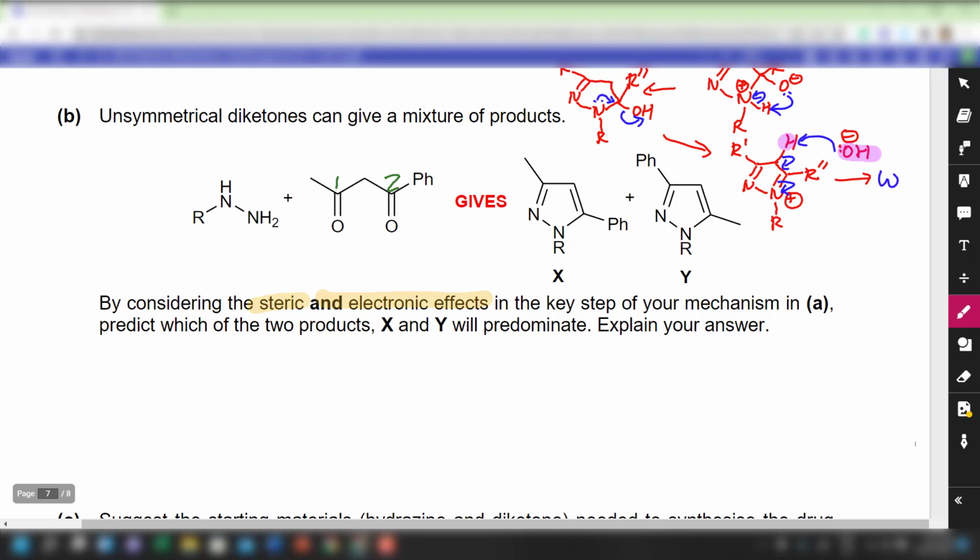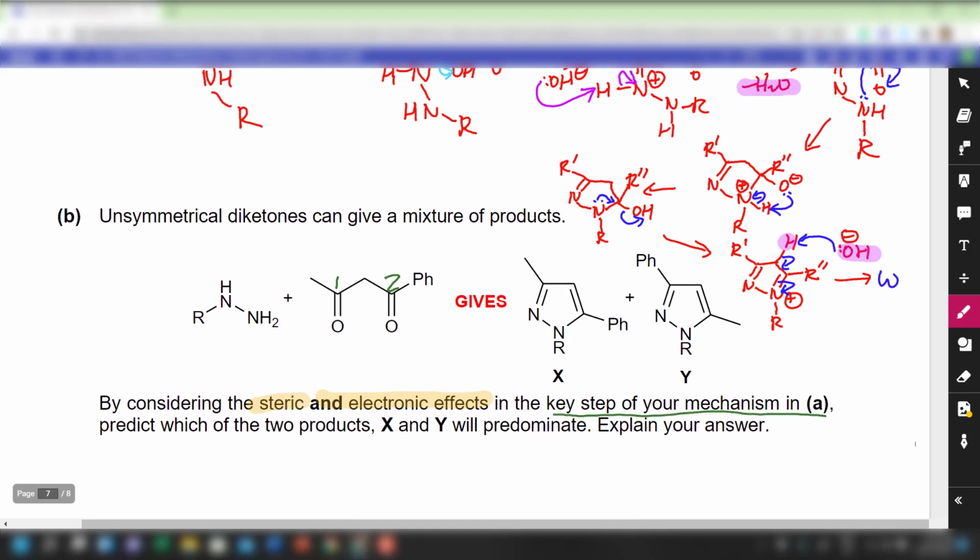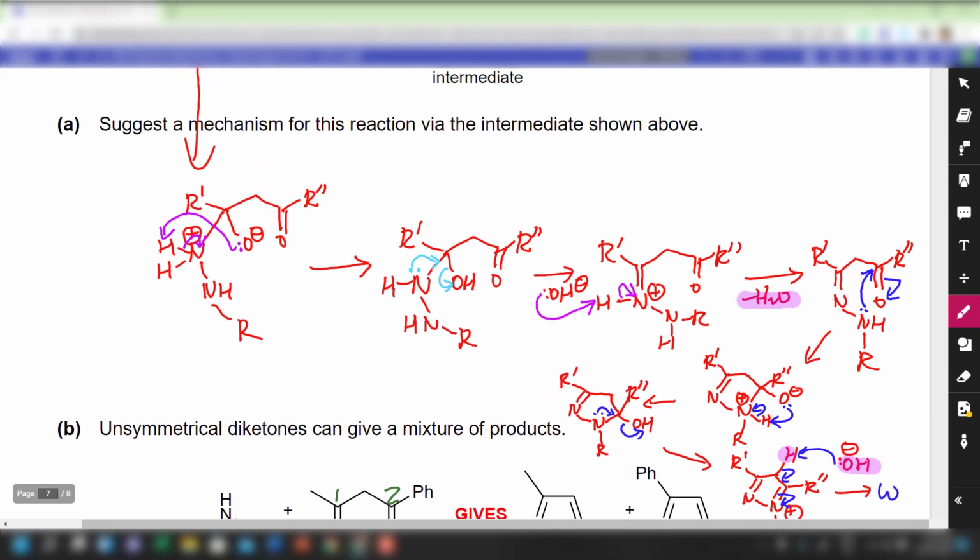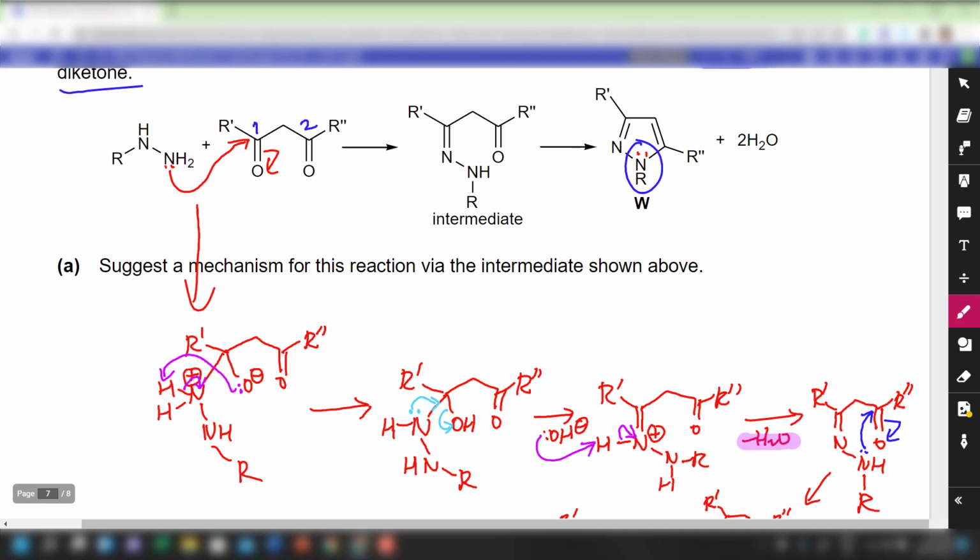Now you are asked to consider both steric and electronic effects in the key step in the mechanism in A. Again, they kept it open, so it depends on how you interpret the key step. But I interpret it as the nucleophilic attack in the first step on carbon number 1. So that should be the key step.